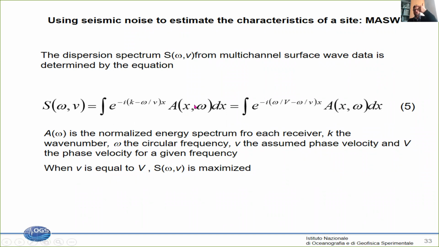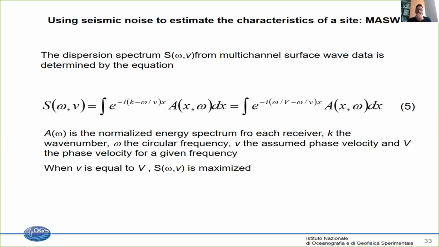In the second position, so it can be a second column in a sort of matrix, I will have the Fourier transform of the second recording. In the third position, the Fourier transform of the third recording, and so on. And now, how to find the velocity at which each frequency is propagating?